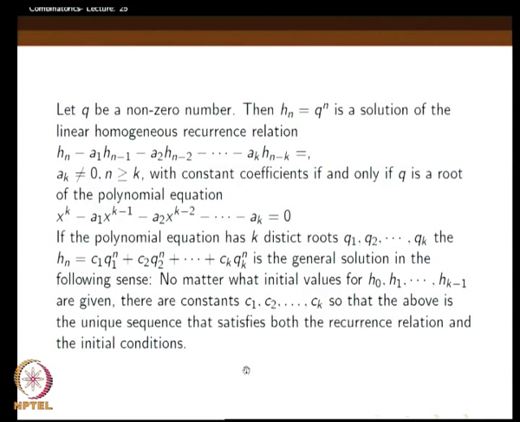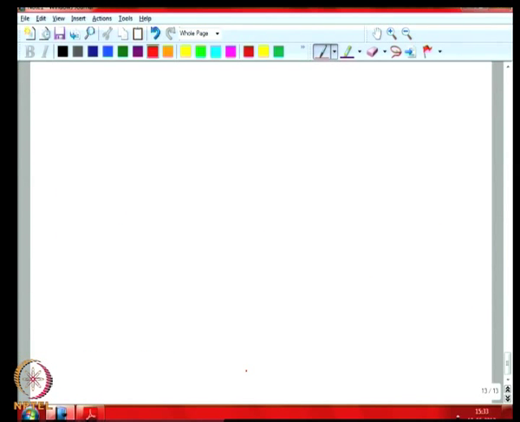And then the corresponding characteristic equation will be x raised to k minus a1 into x raised to k minus 1 minus a2 into x raised to k minus 2, minus up to ak equal to 0, right. This is the characteristic equation. So, I can make it clear here.